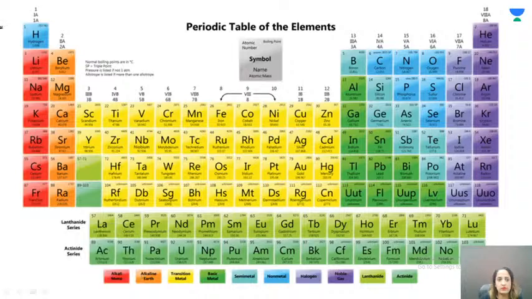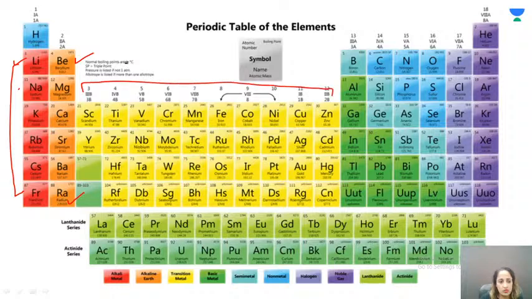Quickly, I will say the red elements over here, from here to here, are your alkali metals. From here to here are your alkaline earth metals. Okay, so all these yellow ones over here are your transition metals. Okay, and then we have more metals over here, then we move on. From here to here are noble gases, and these are your halogens over here. So your halogens are covered, your noble gases are covered.